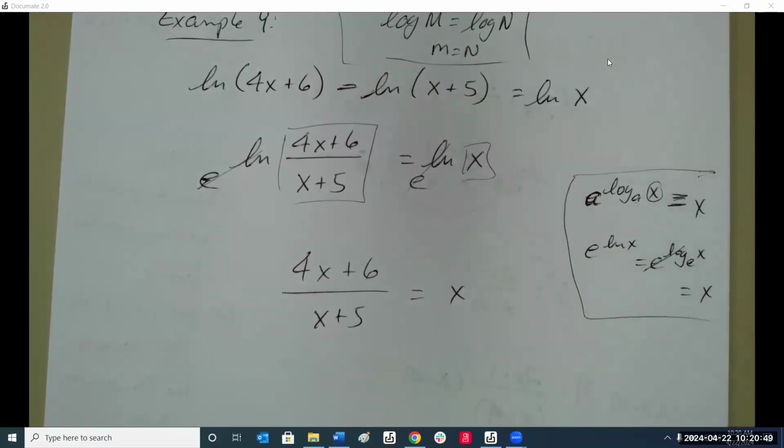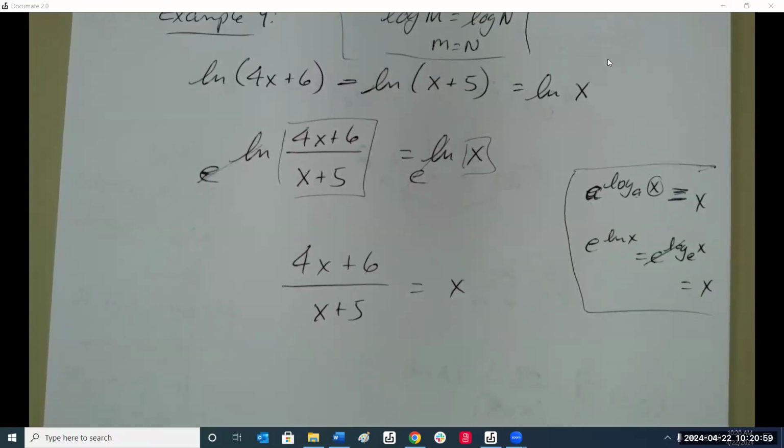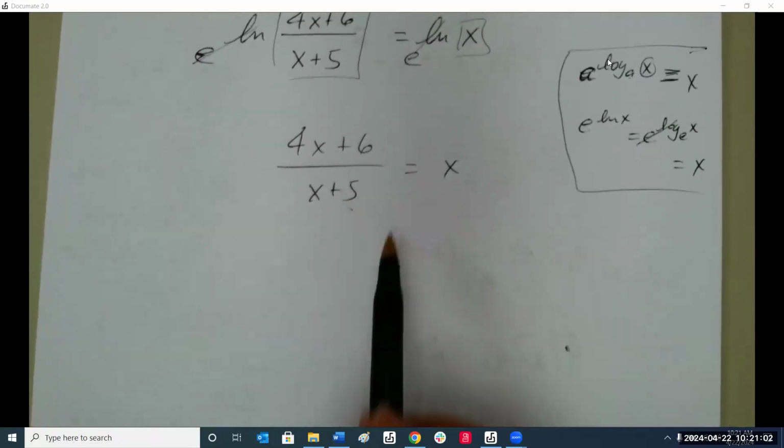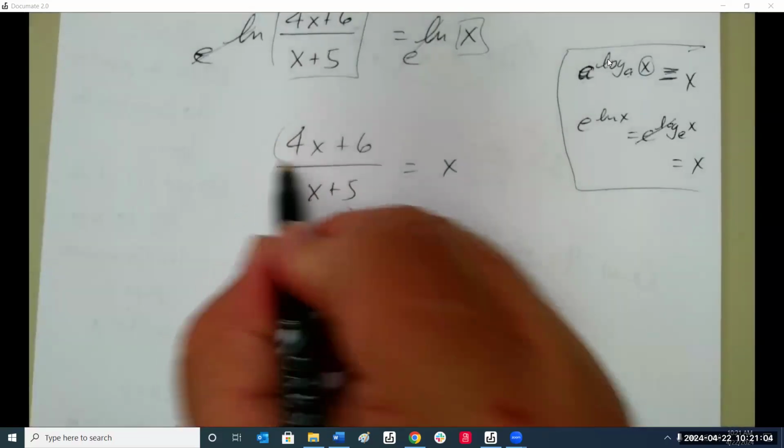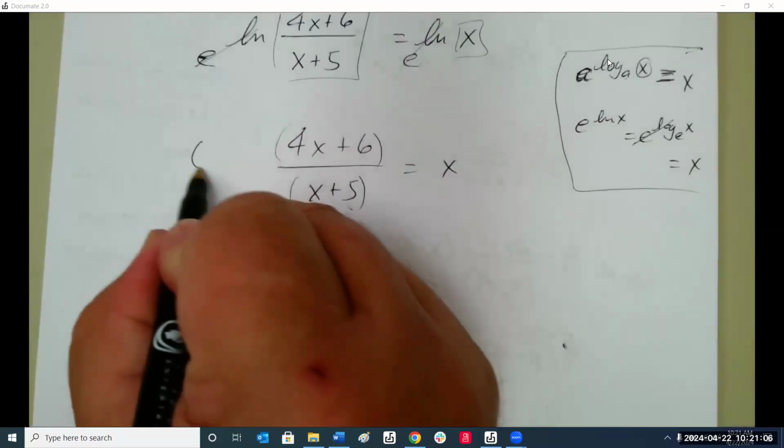It all goes back down to the basic rules. You have to be able to apply the rules. As long as you can apply the rules, whatever happens, happens. Now we just have to solve for x. Multiply both sides by the denominator.